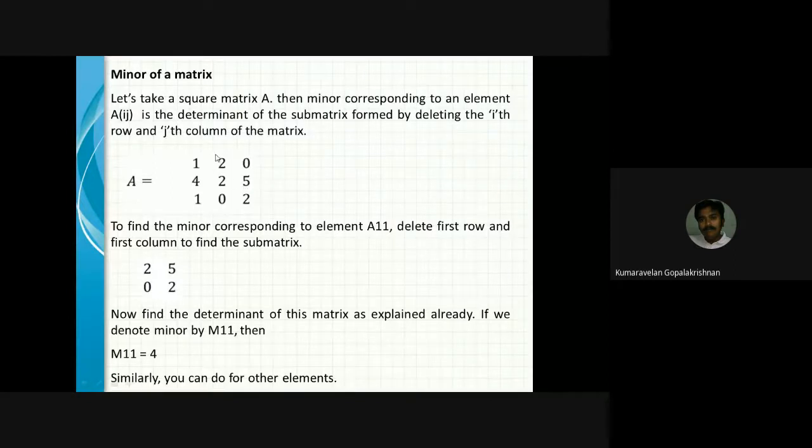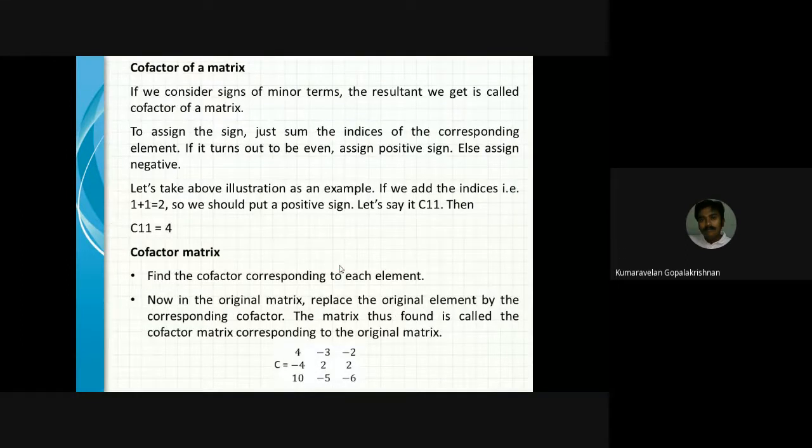So the minor of the element 2 is 3. Likewise, you have to compute the minor of the remaining elements 0, 4, 2, 5, 1, 0, 2, and write it as a 3 by 3 matrix. This is the way in which we can find the minor of a matrix.